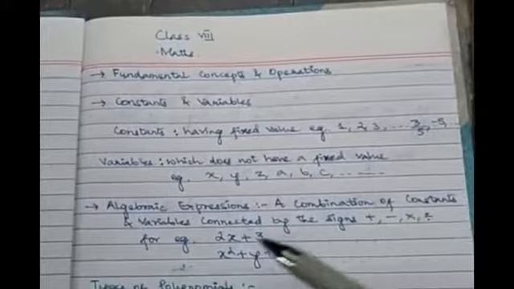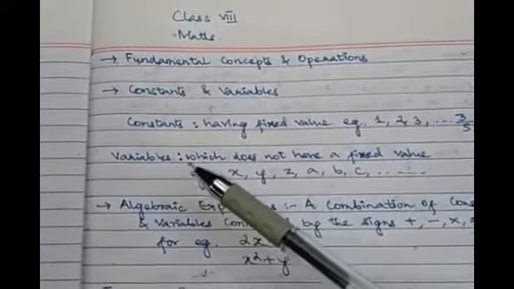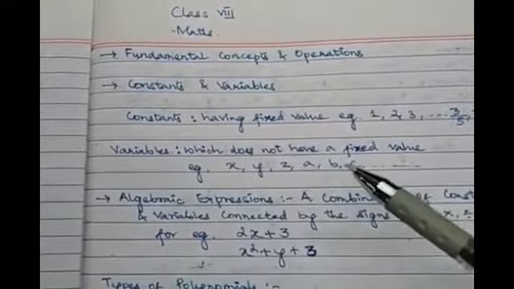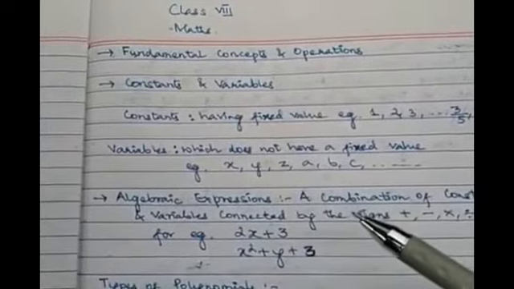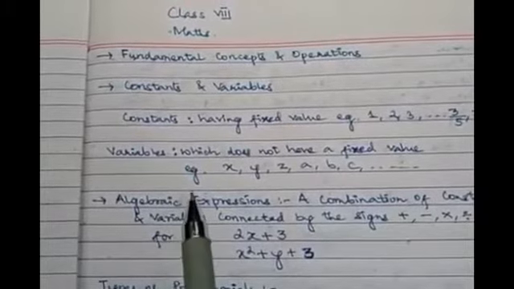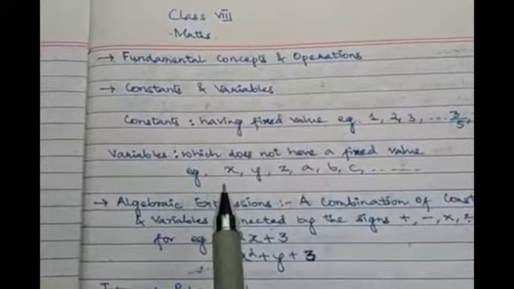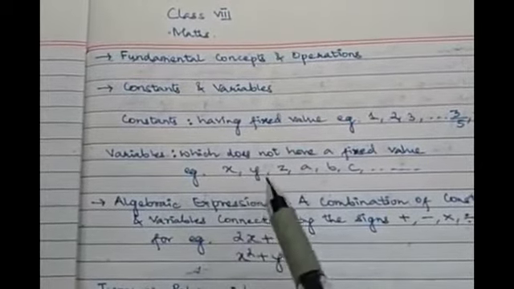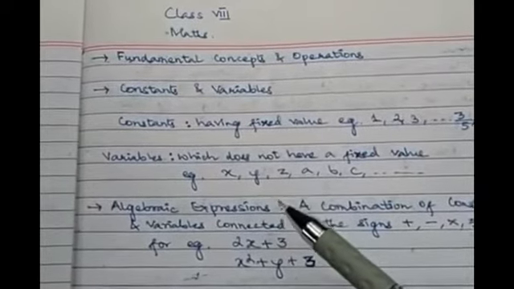The second term we have here is variable. A variable does not have a fixed value. We don't know the exact value of a variable, but that doesn't mean it does not have a value. Remember, in every equation a variable has a value which we do not know. In algebraic expressions, every sum under algebra is simply about finding the value of the variables.